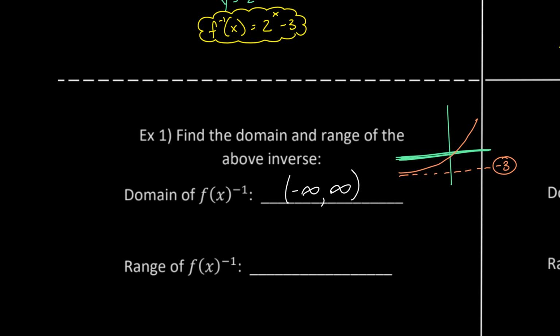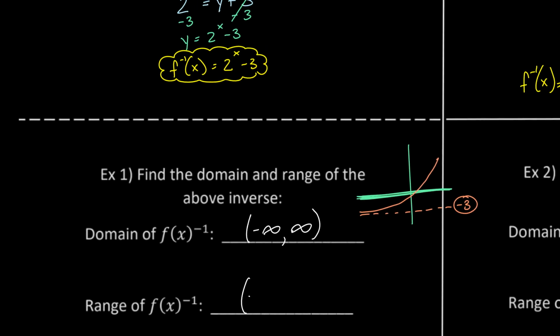And what's my range? I start at, what's my lowest value? Negative 3. Can our function be negative 3? No, that's where the asymptote is, right? So I can never actually touch negative 3. So it's a parenthesis, negative 3 to infinity.